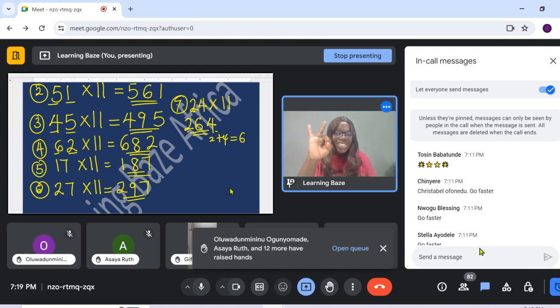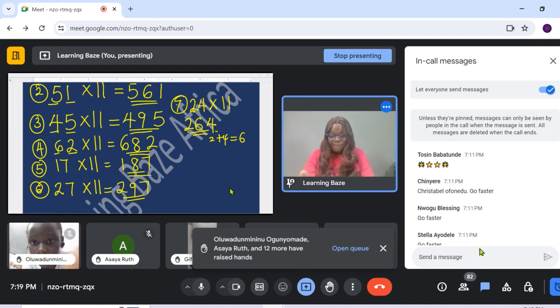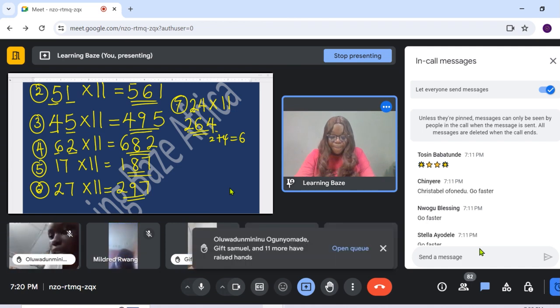1, 2, 3, 4. Post, post, post, post. Okay, so I'm going to lock the comment section.